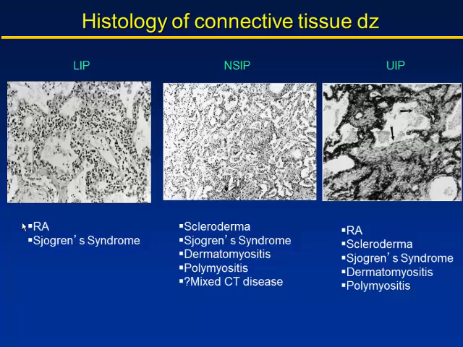And then UIP, where there is very little inflammation, and you have areas of fibrosis in the alveolar septi. You have an area of fibroblastic foci, and you have minimal inflammation. But you can sometimes get that pattern in autoimmune diseases. I think I'm going to have a picture.